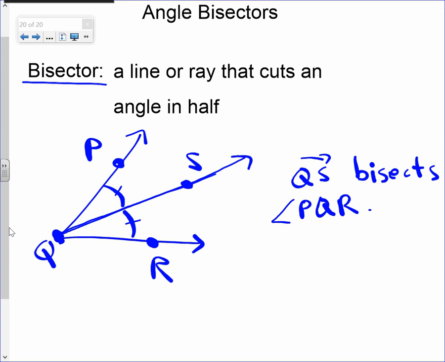You want to bisect a pizza, you chop the pizza in half. You want to bisect a cookie, chop the cookie in half. That's all it means. Chop something right in half. So far, so good. Watch how easy this is.